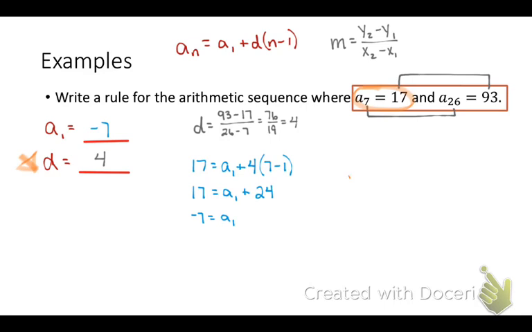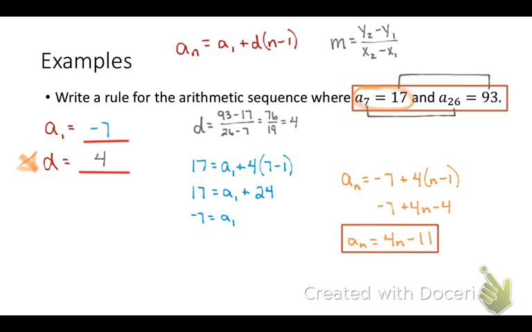Now it's just like case 1 where I have a sub n equals negative 7 plus 4 times n minus 1. Negative 7 plus 4n minus 4. And then 4n minus 11. There is my rule.